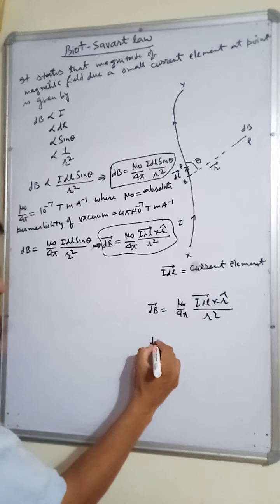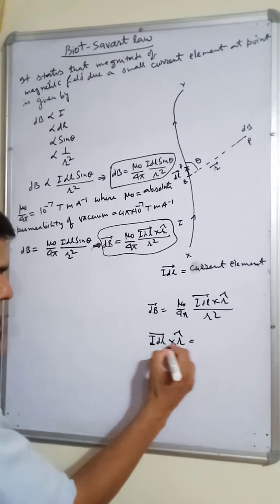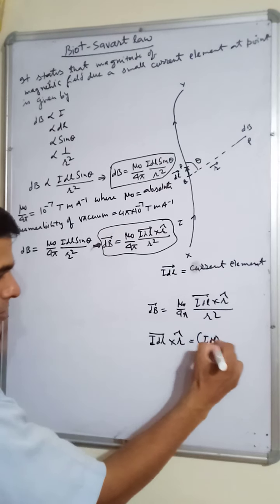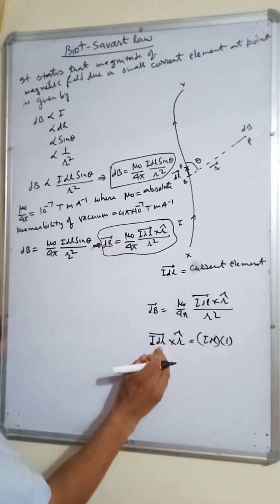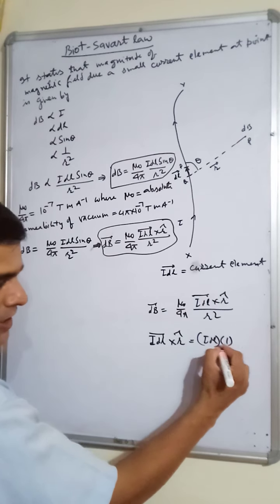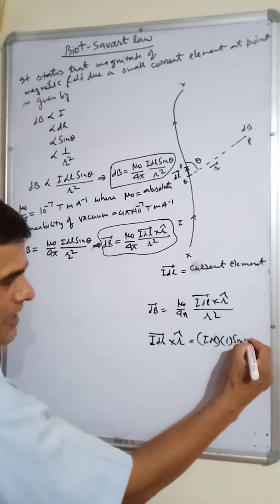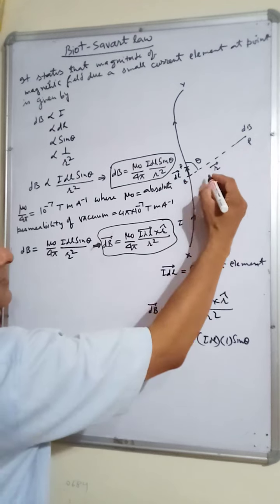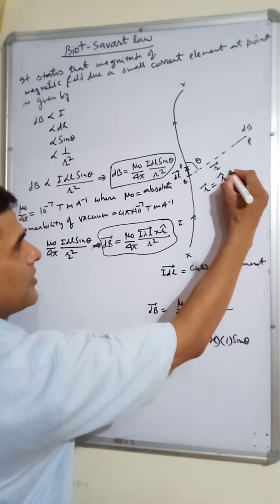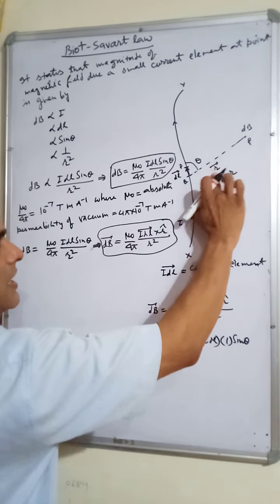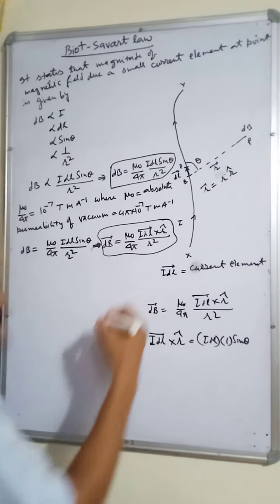Now if you open this I dl cross r cap, so a cross b, a vector a, b, this is the unit vector, so its magnitude will be 1. A cross b is equal to ab sin theta, this is the angle between them. This r vector is equal to r cap into r, r is the magnitude, r cap is the direction.